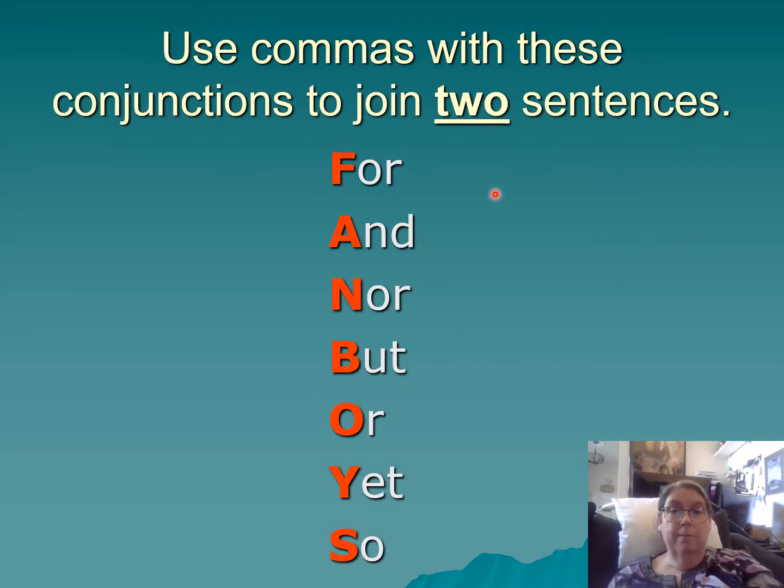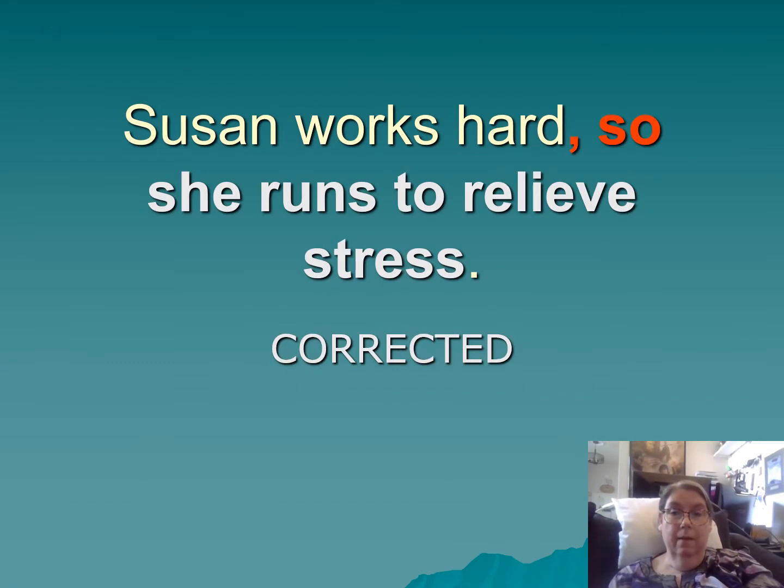So here are the fanboys. So if I want to use a comma, I should use one of these conjunctions, and this is a mnemonic design so I can remember them in order to join the two sentences correctly and not create a comma splice. So here I had the comma, so I added the word so.